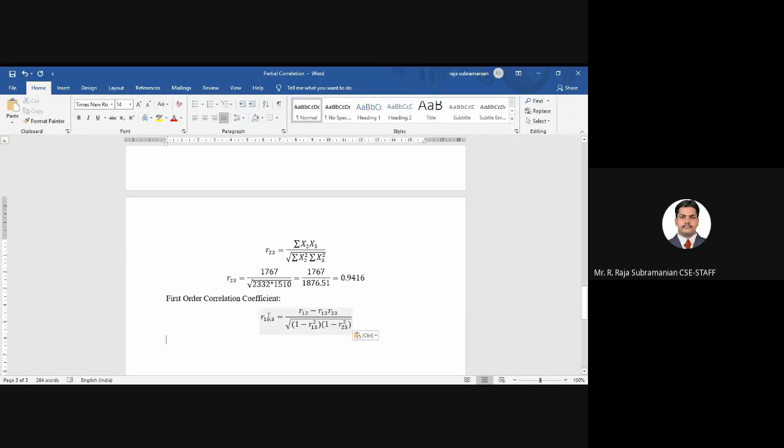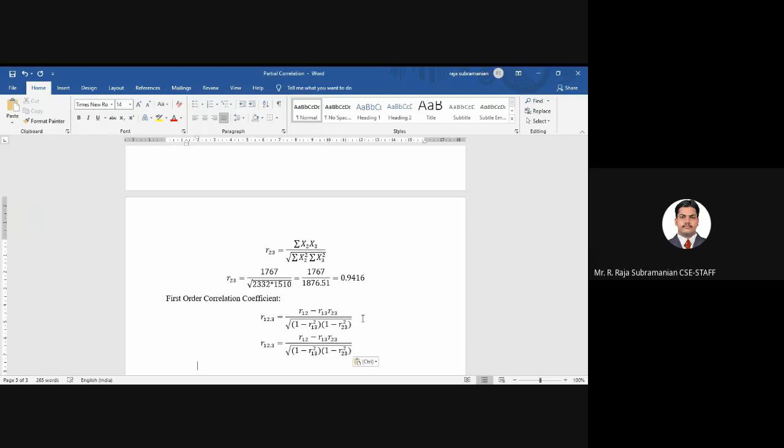Here 3 is going to be the constant independent variable. So R12 minus R13 R23, whole divided by the square root of the terms given in the denominator also: 1 minus R13 squared into 1 minus R23 squared. Right, this is what we have to do. I hope we have all the three. Yes, I'll just substitute over here.